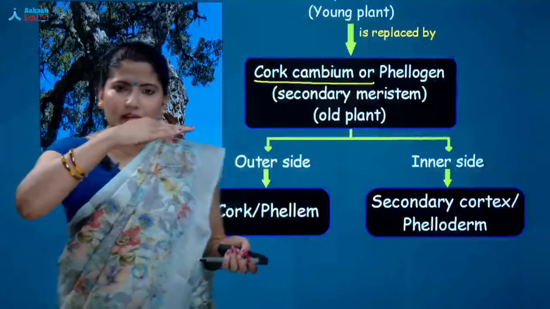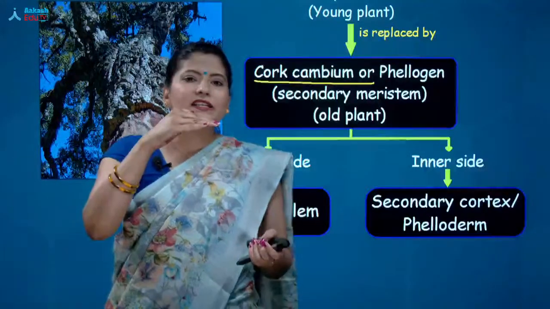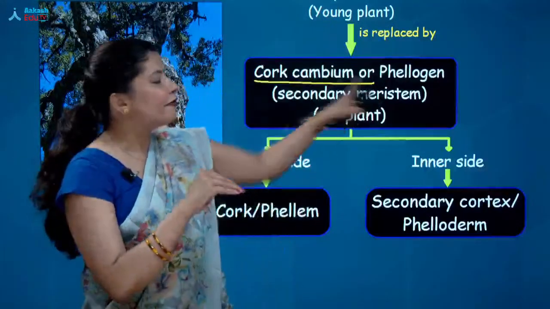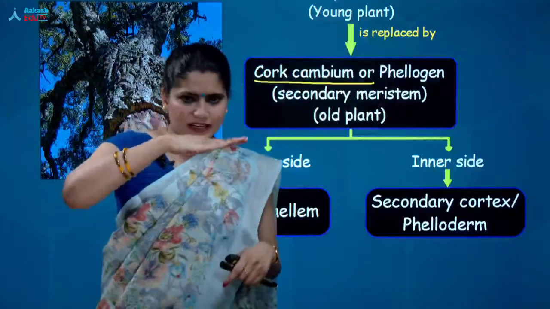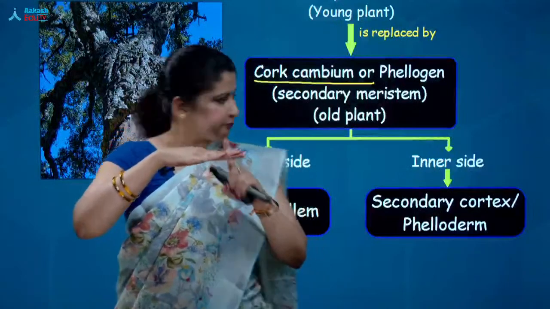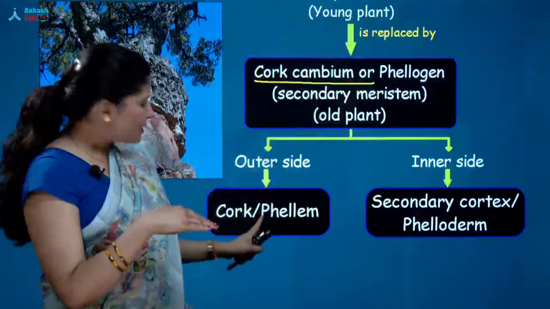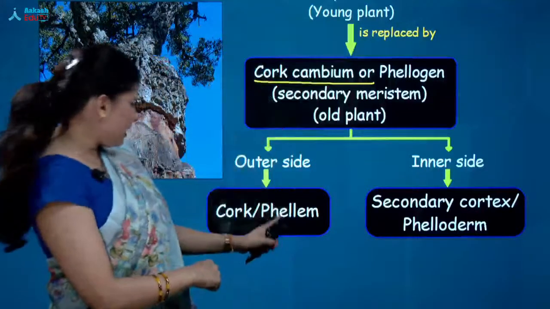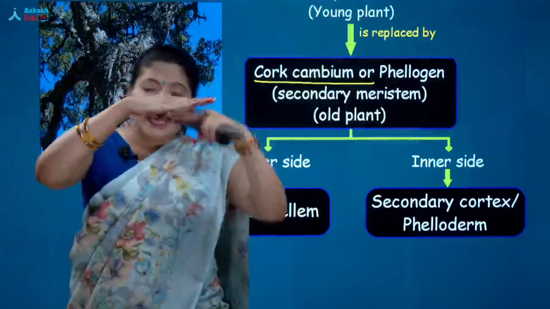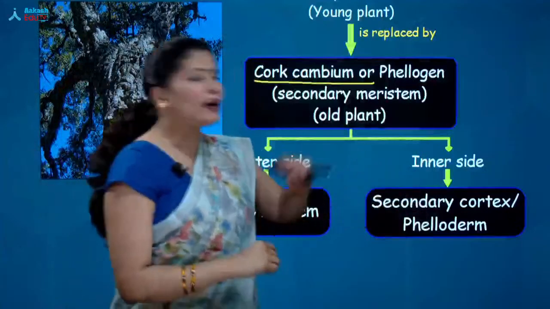Let's say this is epidermis. Now I am saying this epidermis gets modified and forms cork cambium. What did this epidermis form? Cork cambium. Now let's consider this as the cork cambium. I am saying this cork cambium, on its outer side, what will it form? Cork, and on its inner side, what will it form?